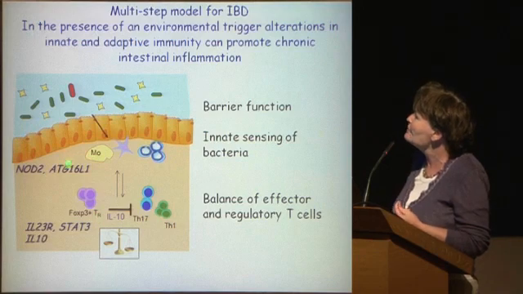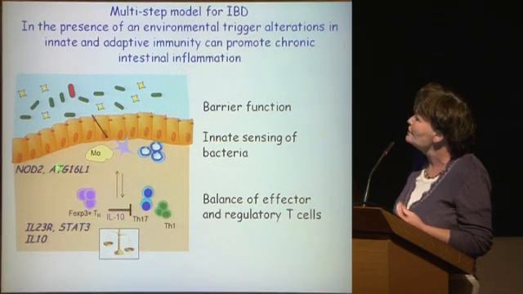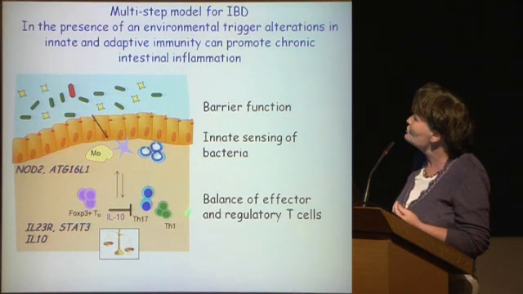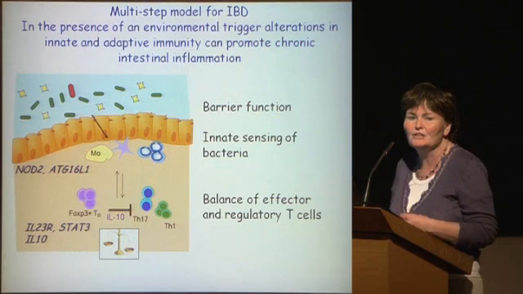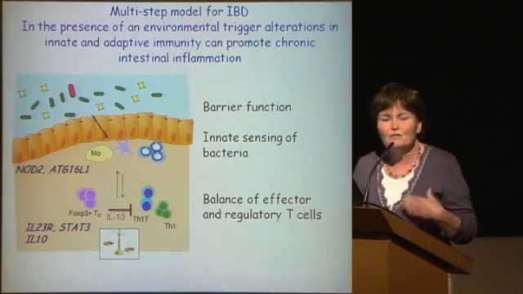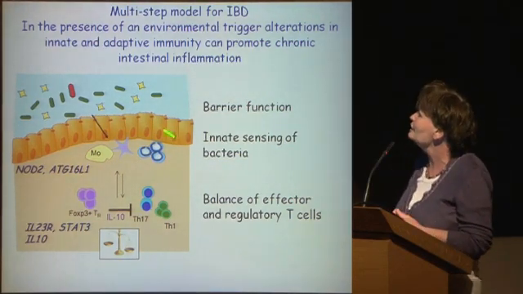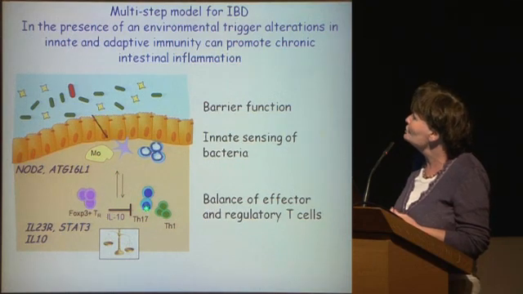And of course, pathways involved in that have been identified in the genome-wide association studies, including those such as NOD2 and genes controlling autophagy. But there is also evidence for alterations in the adaptive immune response that may be linked to changes in innate immunity, with changes in the balance between effector and regulatory type populations.